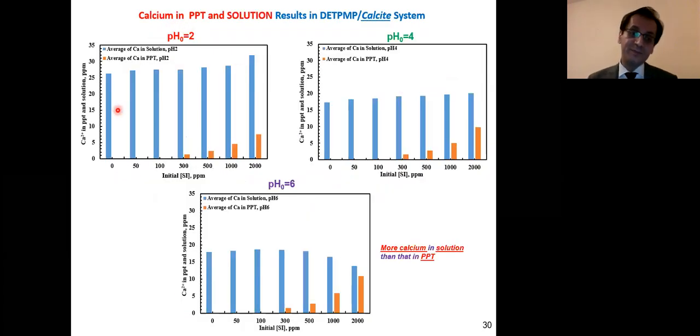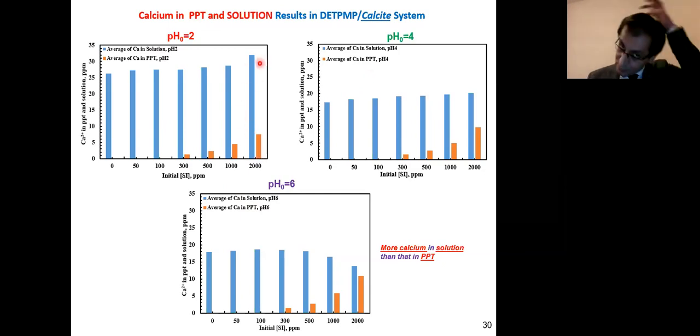And then I plotted the calcium in precipitation, how much calcium has been involved in precipitation, and how much calcium has been left in the supernatant for the DETPMP calcite system. As you can see, the blue bar is the average calcium in the solution, and the orange one is the calcium in precipitation.